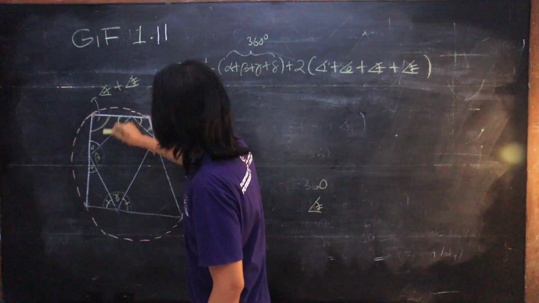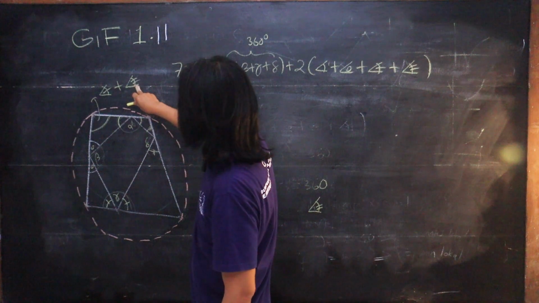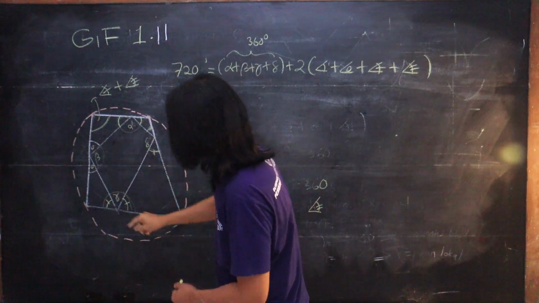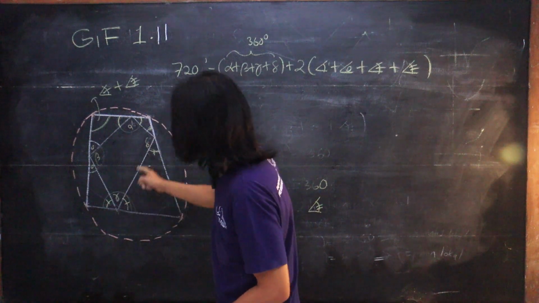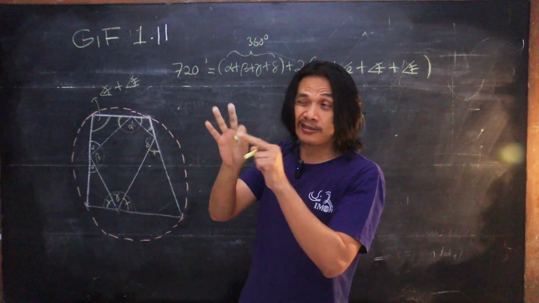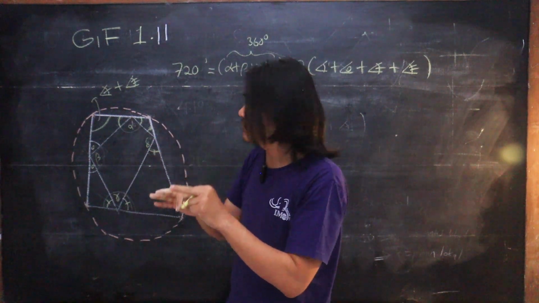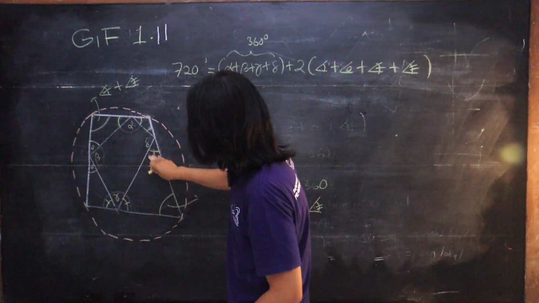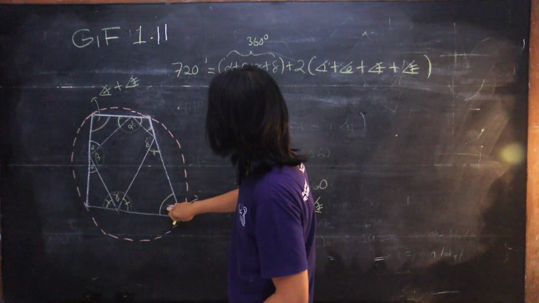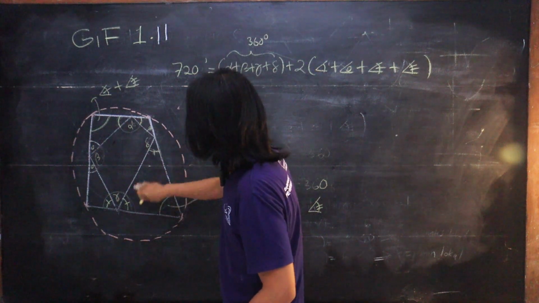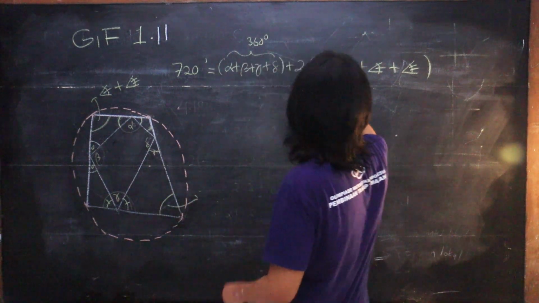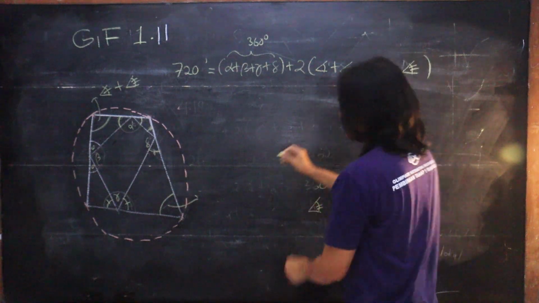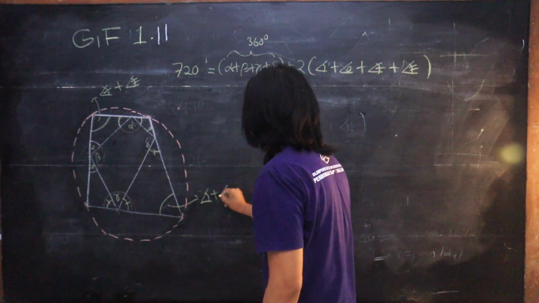So this angle is exactly this one plus that one. And on the other hand, if you look at this triangle, since the sum of the angles in one triangle is 180, and we already have these two angles, while the sum of all these angles is 180 degrees, then the remaining angle must be this plus that.